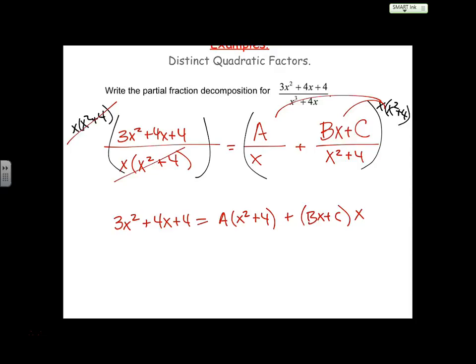And if you like the like term approach, what would you be doing? Distributing and saying, hey, let's group together the x squareds with the x squareds.